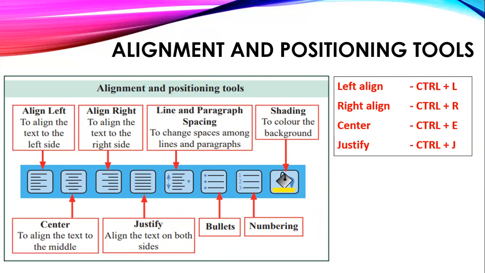So first one, if you have to align on the left, it is Control plus L. Then if you want to make it right, Control plus R. And there's a third one we call the center. This is where you all are making a mistake. They are writing that the shortcut key for center is also Control plus C. That is totally wrong.